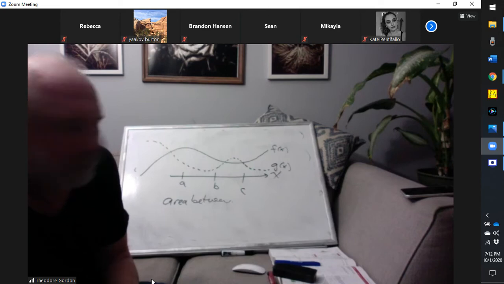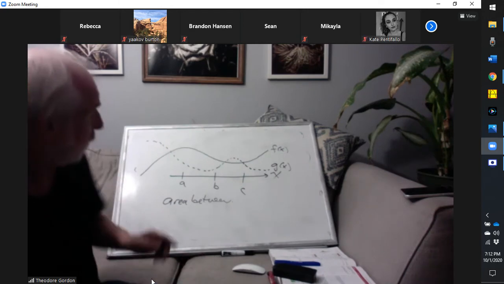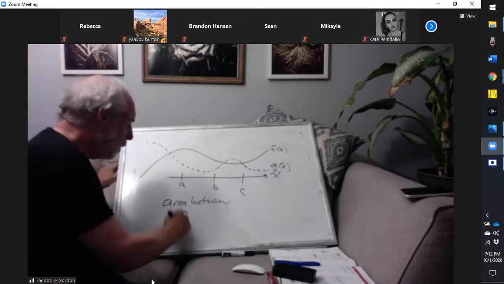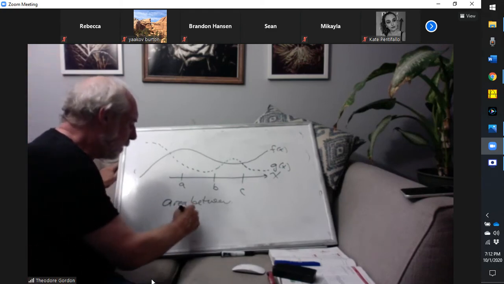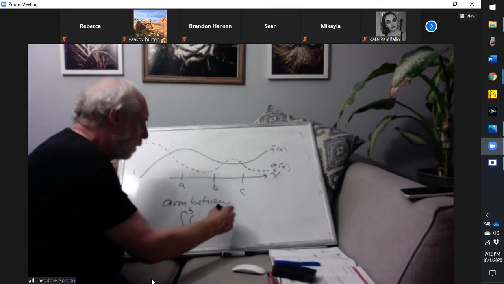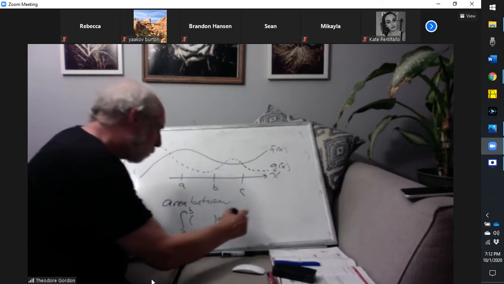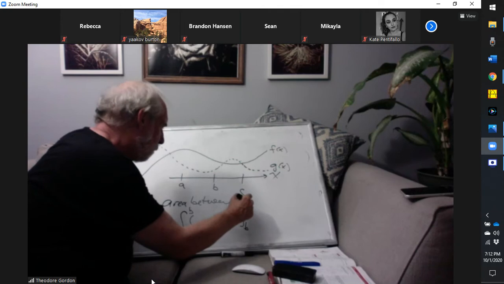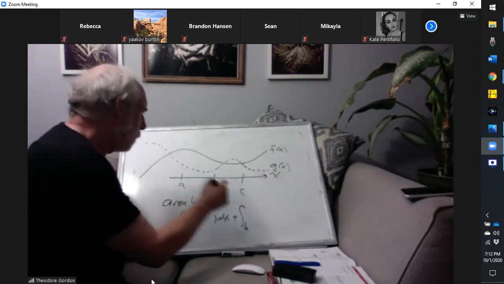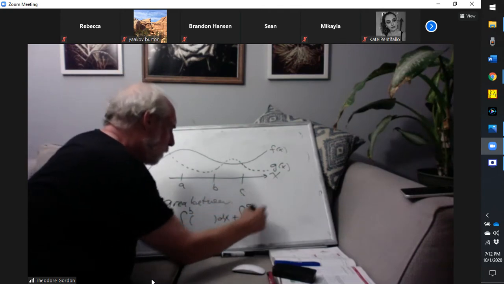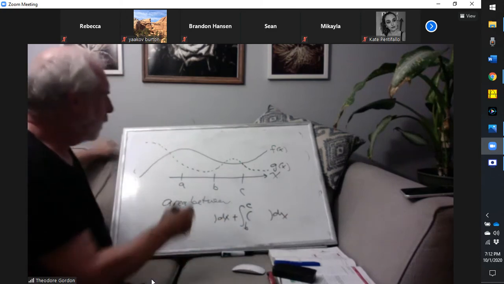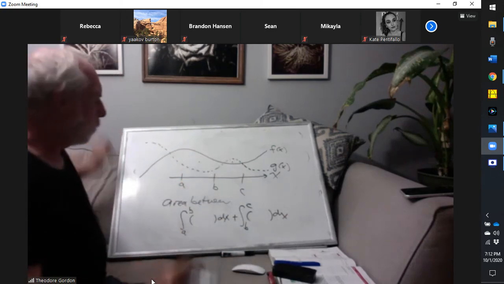What would be your process to do that? Break it into a bunch of parts. Yep, well, not even really a bunch, but just 3, right? So you would integrate from A to B, right? Then you would integrate from B to C. Wait a minute, there's really 2 parts. B to C. There's this part and this part.